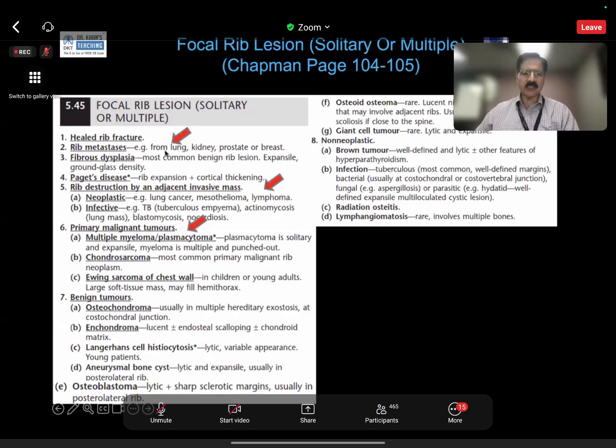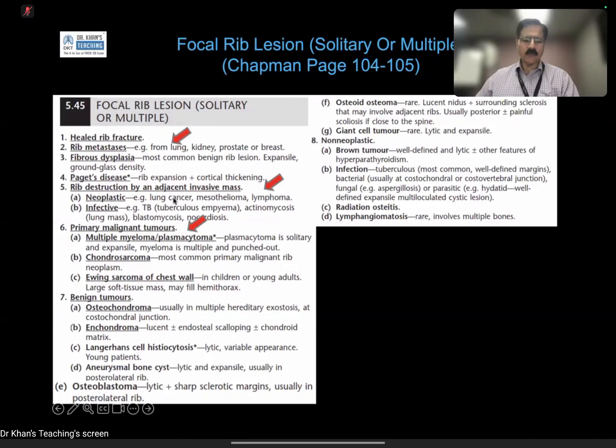So rib metastasis, and sometimes a neoplastic process arising from the lung, let's say lung cancer. In this case, it was not like that. Mesothelioma, lymphoma. This was definitely not a multiple myeloma or a plasmacytoma.